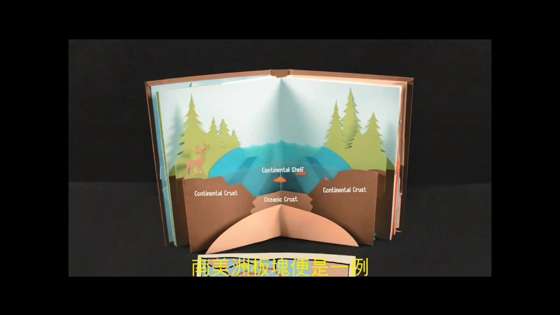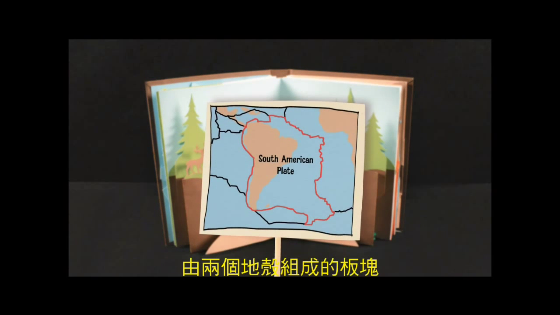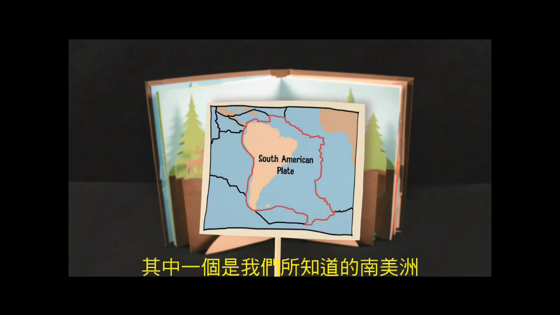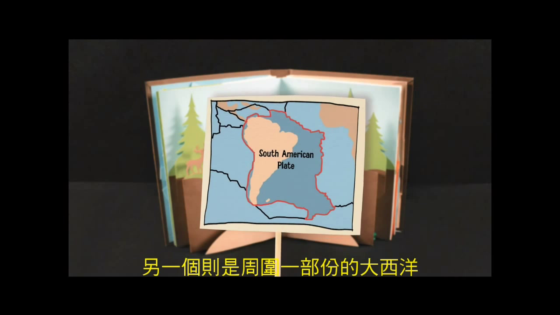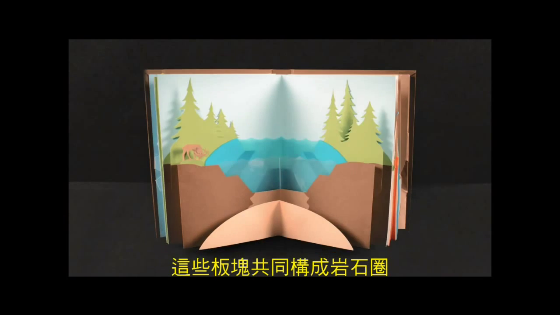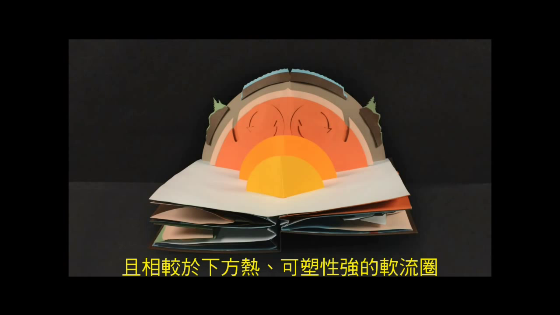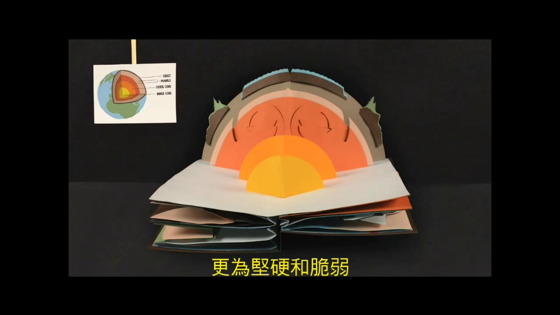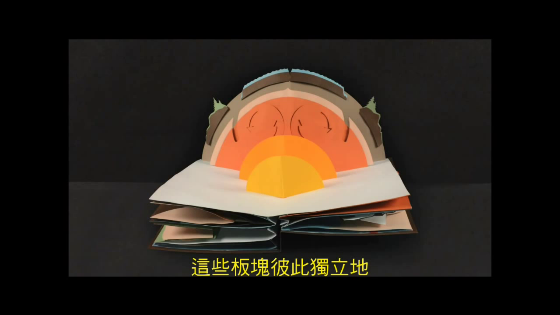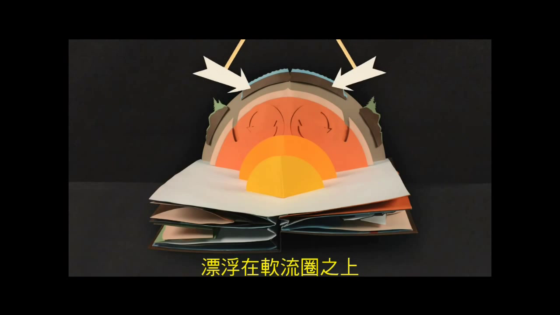The South American plate is an example of a tectonic plate made of two crusts, the continent we know from today's map, and a large region of the Atlantic Ocean around it. Collectively comprising the lithosphere, these plates are brittler and stiffer than the heated, malleable layer of the asthenosphere below. Because of this, the tectonic plates float on top of this layer, independently of one another.